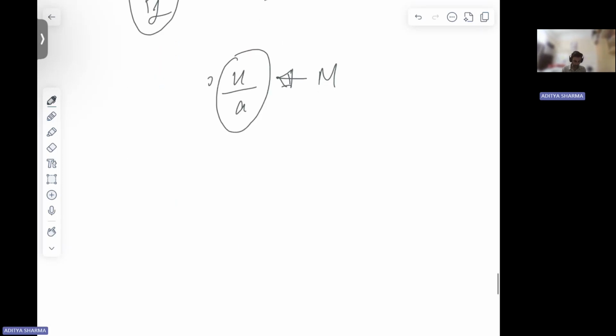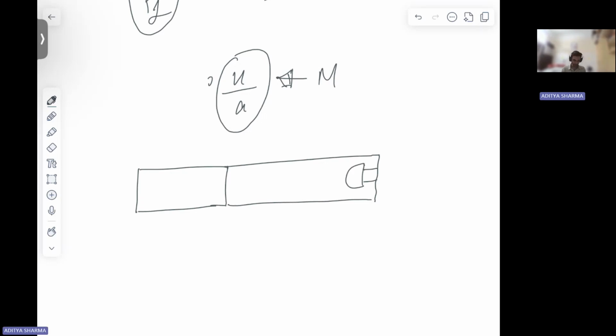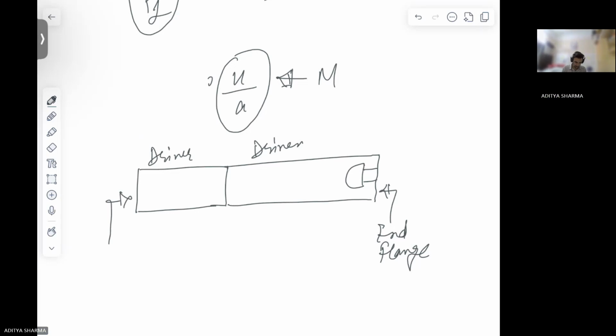Then what we can do, in the shock tube, we can mount a model here. At the end, this is driver, this is driven, this is your end flange. I hope you understand what a flange is. Nothing but a circular plate at the end of this tube.